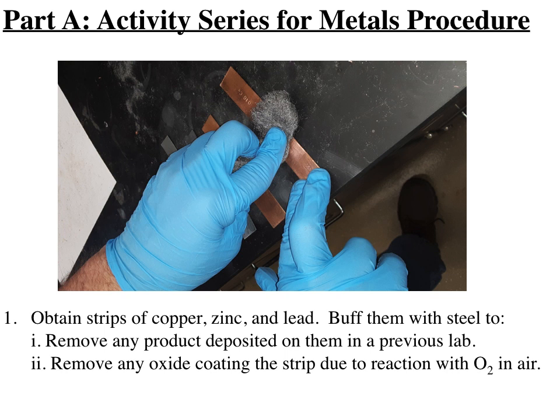Get some steel wool and shine them up, meaning remove any material from previous experiments where there might have been electroplating on these strips, and also to remove any oxide coatings. Believe me, oxygen in the air is a highly reactive substance, so we want to get down to the elemental form of the lead, copper, and zinc. So we would remove the oxide coating from them in order to expose the elemental form of the strip.